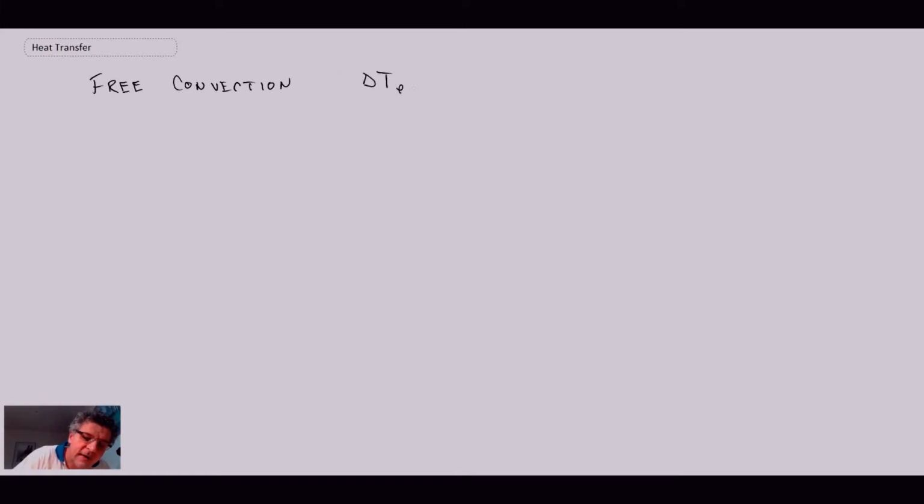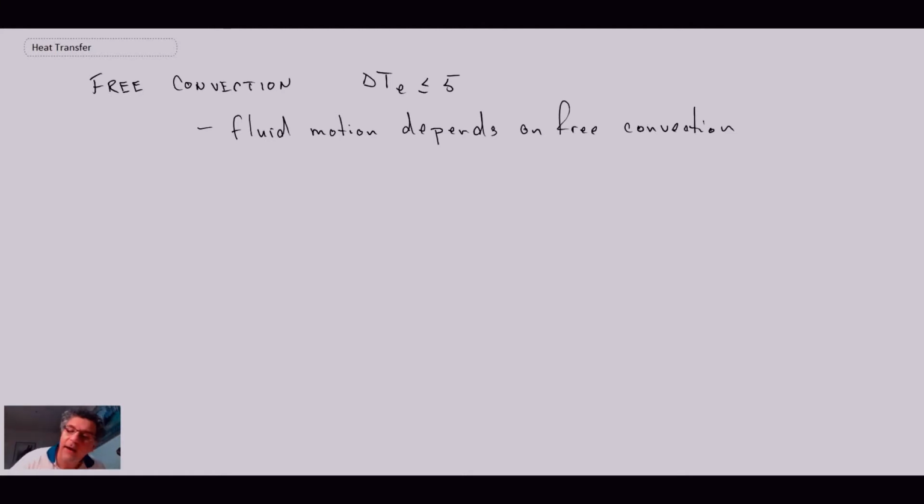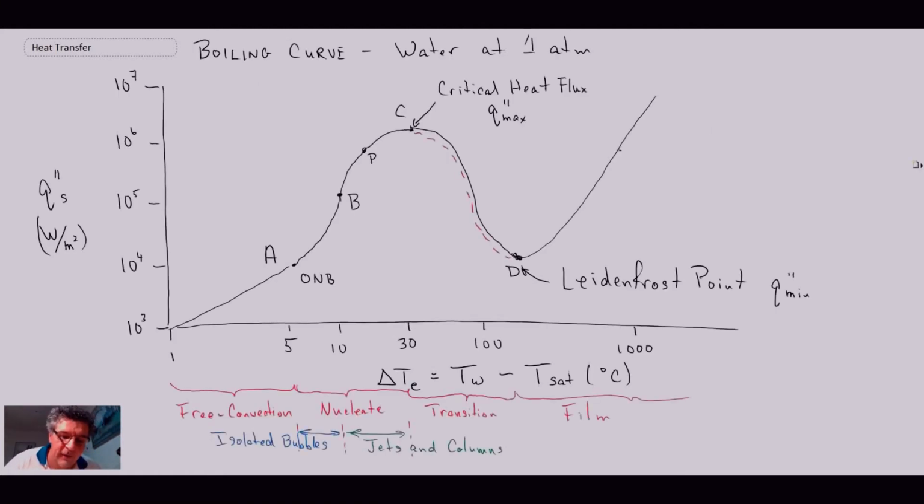And that's for excess temperature less than 5. And here we saw that this is just natural convection taking place within our pool. And then, let's see, did I put this on the curve? ONB, I did, good. This is the onset of nucleate boiling.